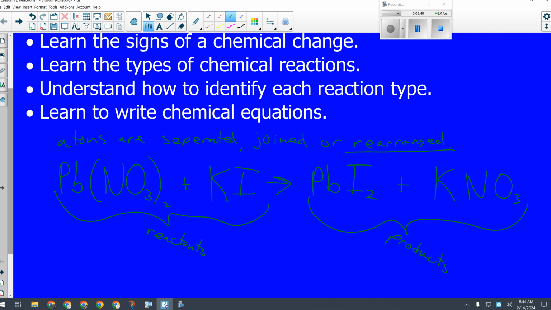It's called the law of conservation of mass, or the law of conservation of matter. I can't create matter, and I can't destroy it. Have you guys heard that law before? So in this reaction, according to what I see here, on this side, there are 2 nitrates. But on that side, there are how many?